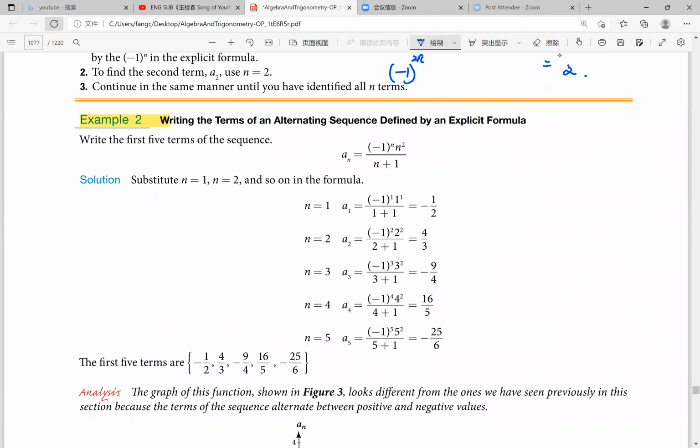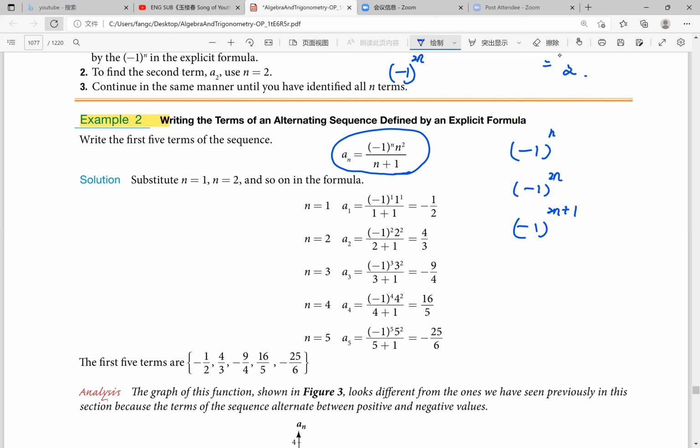So example 2, writing the terms of an alternating sequence defined by an explicit formula. If a sequence is alternating, it must have something like -1 to the power of n, or -1 to the power of 2n, or -1 to the power of 2n plus 1. So now we try to find the first 5 terms of this alternating sequence.